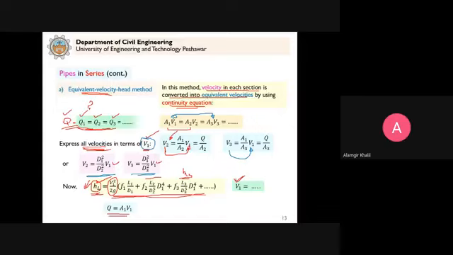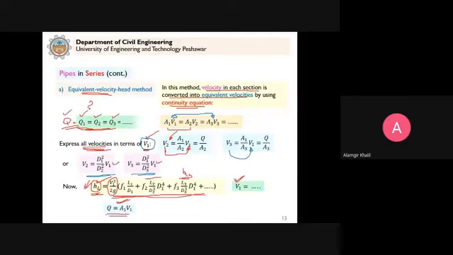So now we can easily calculate the discharge. Q will be equal to A1 and V1. In this equation, we are able to calculate Q, and using this formula you can calculate V2. Since V1 is known, you can put it here, calculate V2, and then calculate Q2. So Q2 will be equal to area A2 into V2.